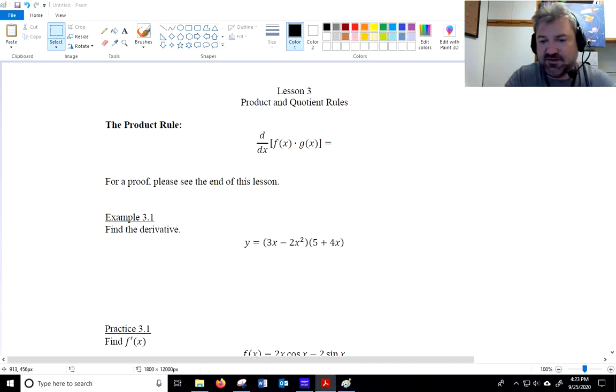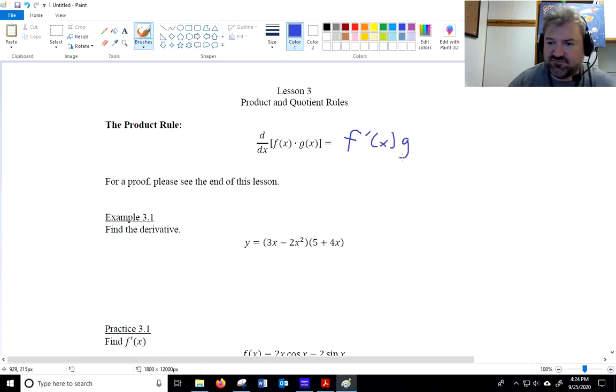The product rule tells us that if I'm trying to take the derivative of some function f of x times another function g of x, then the resulting derivative is f prime of x times g of x plus f of x times g prime of x.